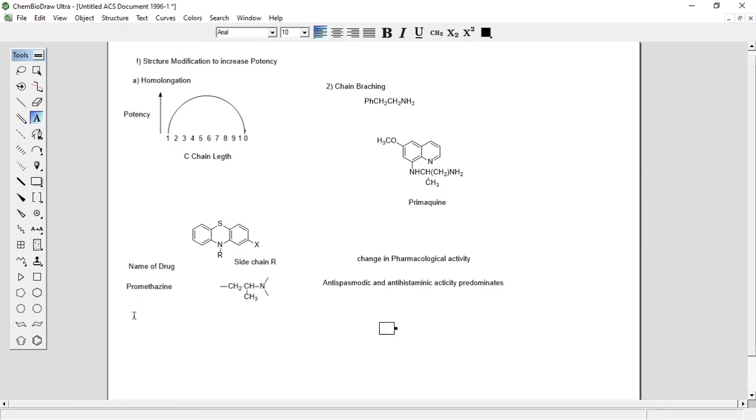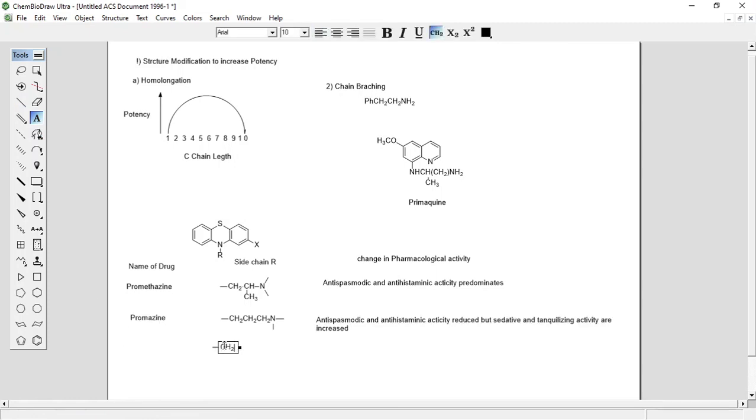Now the second side chain: if R is CH2, CH2, CH2 with N(CH3)2, that is called promazine.